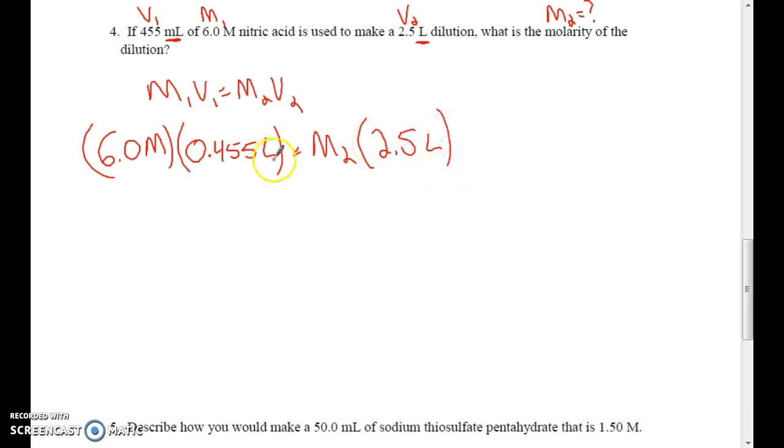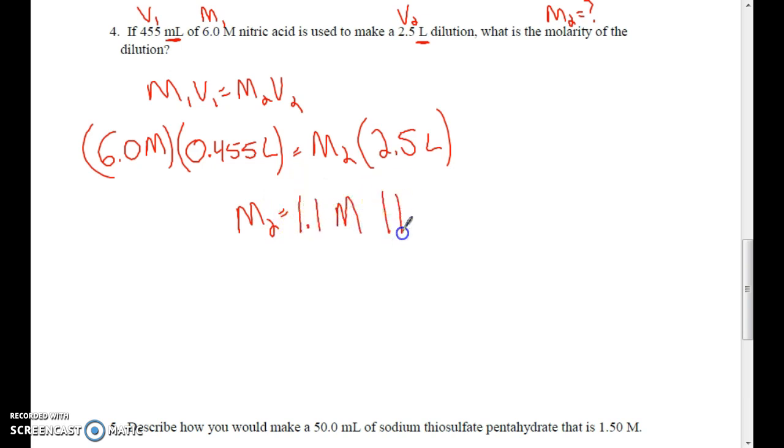And again, this is why we need the same units for volume. So mathematically, what you do is you multiply 6.0 by 0.455. You get an answer there, and then you would just divide by 2.5. So M2 equals 1.1 molar.